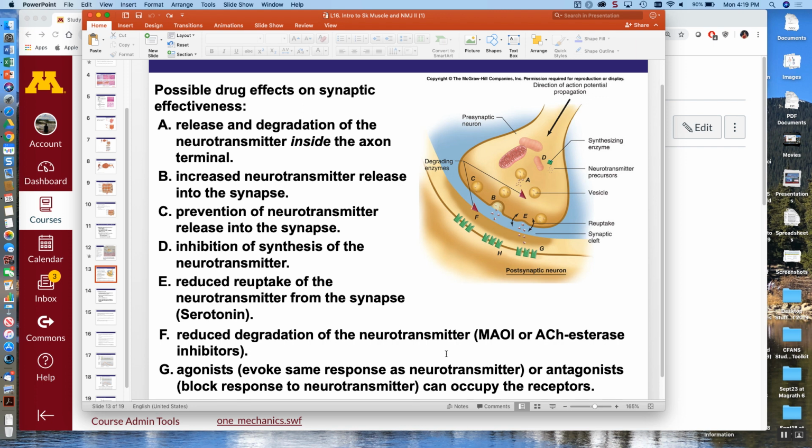Myasthenia gravis is an autoimmune disease where you start to produce antibodies that attack the nicotinic acetylcholine receptors. They act as antagonists. They block the response, right? They block the action of acetylcholine, which causes muscle weakness. Okay?